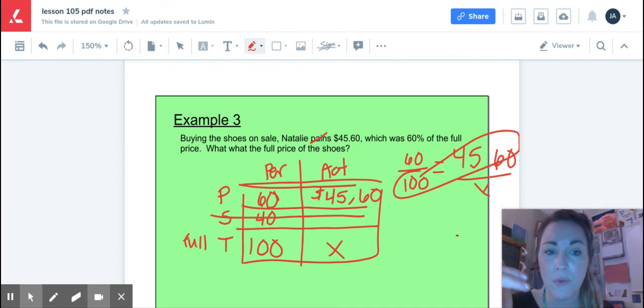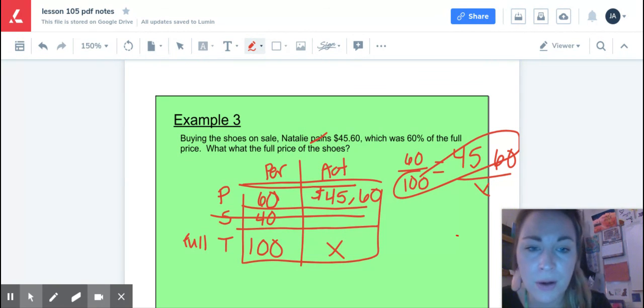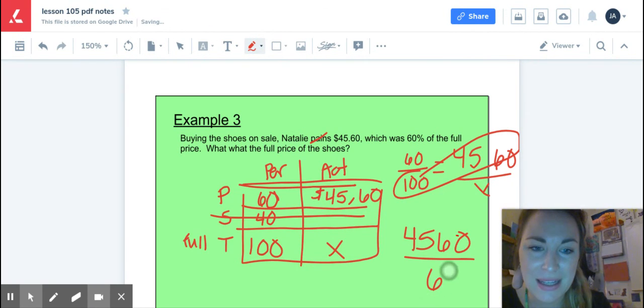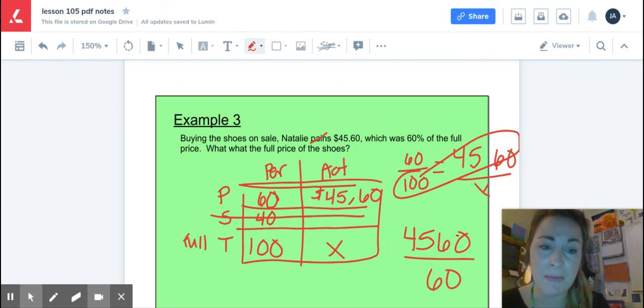So instead of $45.60, now we have, I'm not even going to do the dollar sign right now, 4560, no decimal, all over 60. To save ourselves a little bit of math here, I'm going to cross off the zeros on the end.